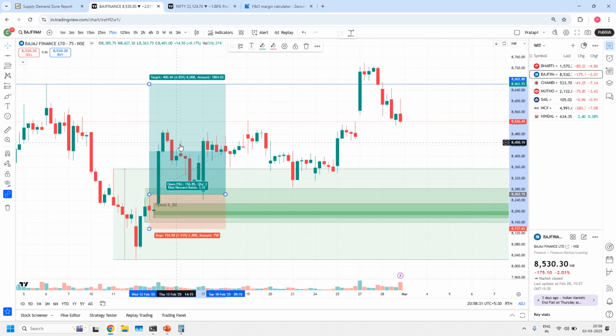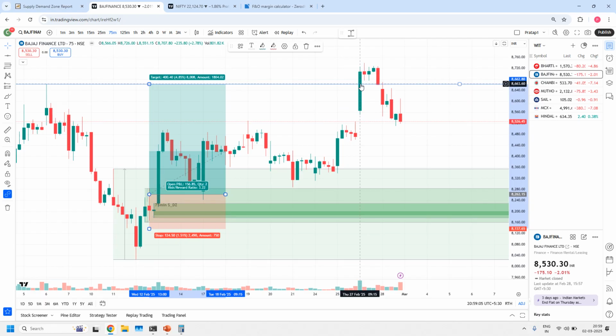Those people got the trade on 17th February. After that, prices moved up. On 21st February it again came close to this zone, but people had already taken the trade in this zone. And this current week, it reached the target.